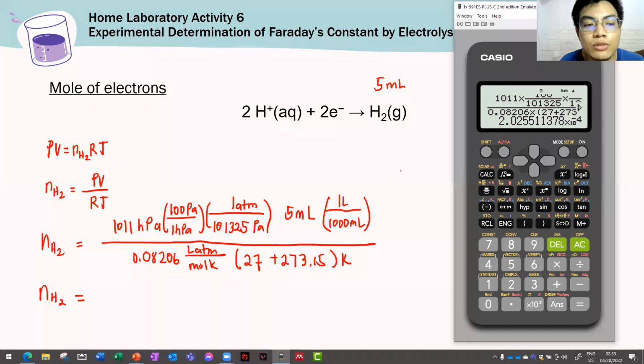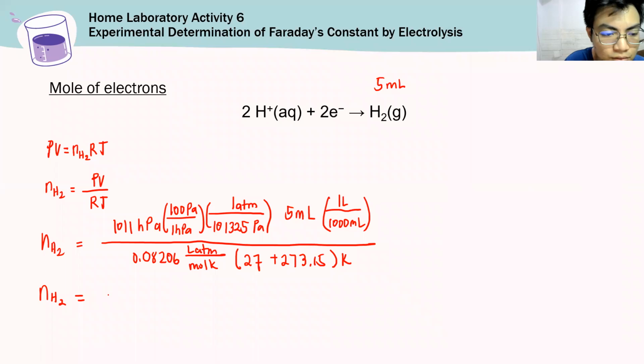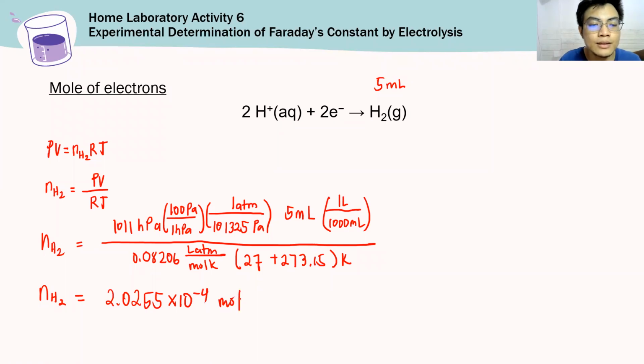So this is now the mole of hydrogen gas. Okay, so 5 ml of hydrogen gas is equivalent to 2.03 times 10 raised to negative 4 moles of hydrogen gas. So I guess I will copy up to the 4th decimal place. Sorry, 2.0255. So this is now the mole of the hydrogen gas.